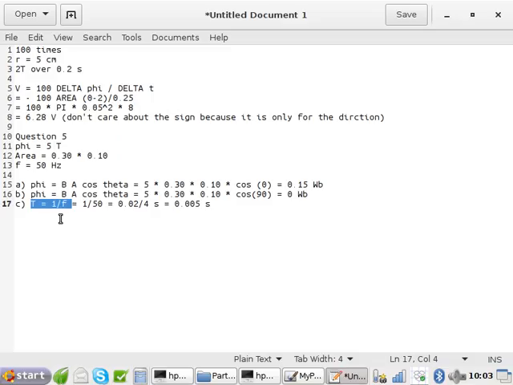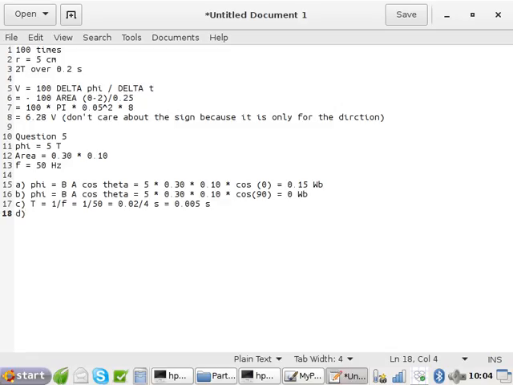Compute delta N phi over delta T, and so what is the induced voltage? So what's the voltage then? Andy, in the question did I say how many times the wire is wrapped around? No. It's just one wire? I didn't say what it was, okay.